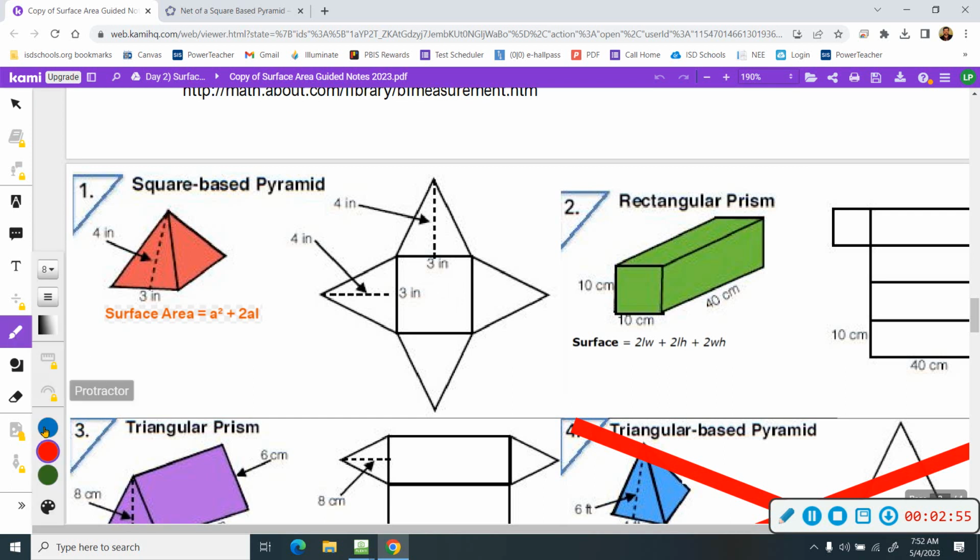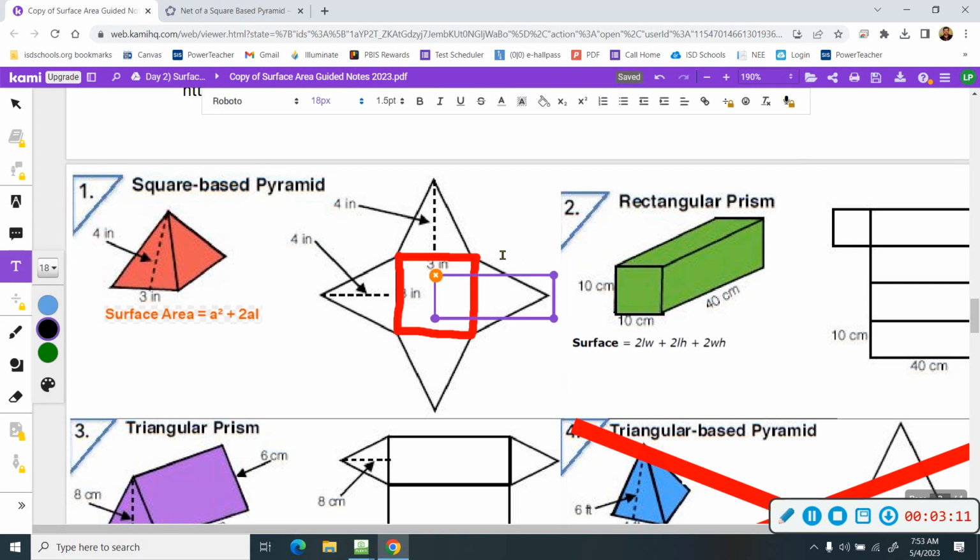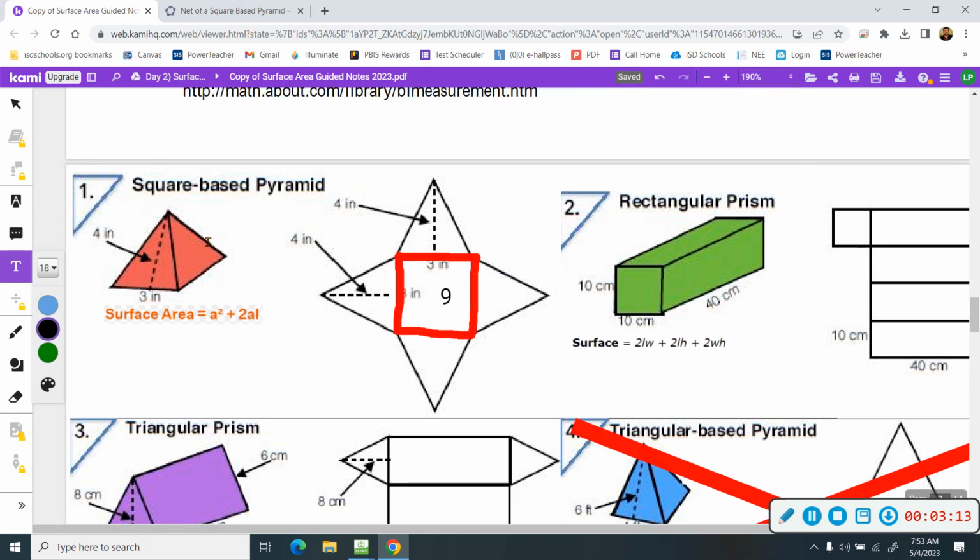And if I look here, the area of the square would be 3 times 3. And 3 times 3 is 9. And then we're going to find the area of the triangle, and notice all 4 triangles are the same.